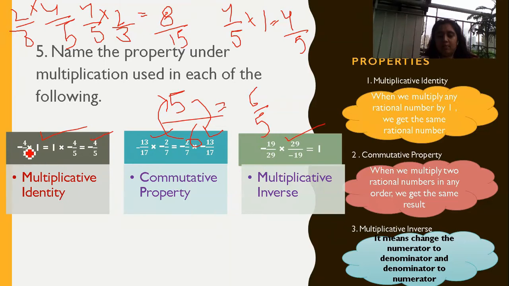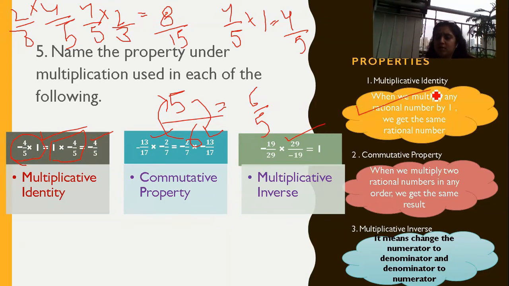That's very simple. They have multiplied the rational number minus 4 upon 5 by 1, and on the right hand side they have multiplied 1 by minus 4 upon 5. And I have told you just now that multiplicative identity means if you multiply any rational number by 1, you will get the same result.